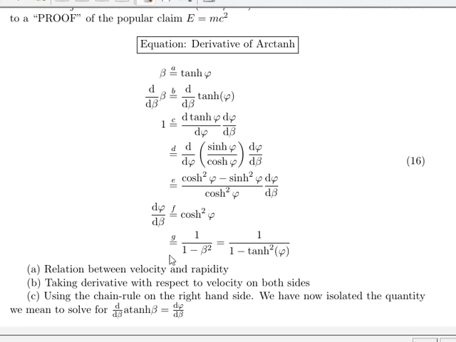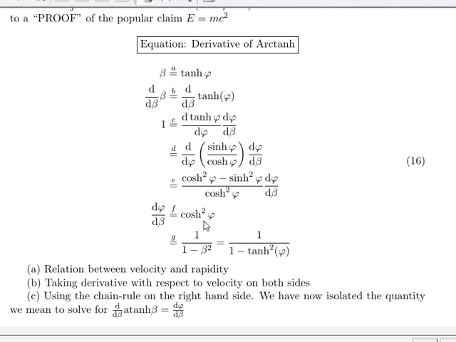Then in the next step, I give a couple of other expressions for cosh squared phi, which include 1 over 1 minus beta squared and 1 over 1 minus tanh squared of phi.